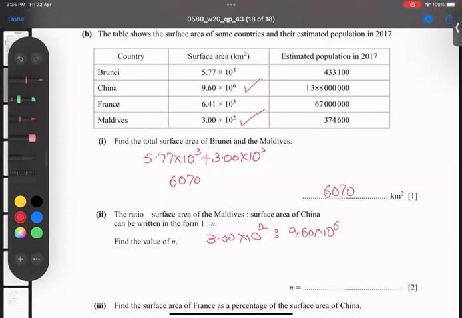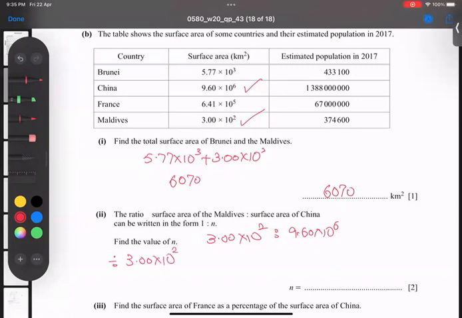Look at here very carefully, we have the ratio 1 to n. This will become 1 and this will become n. So I need 1 here, so I divide the whole thing by this. Divide the whole equation by 3.00 into 10 to power 2.